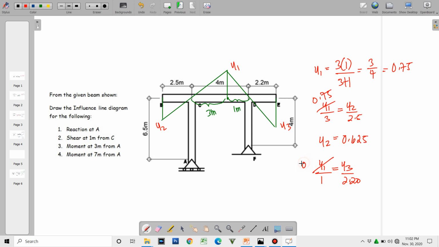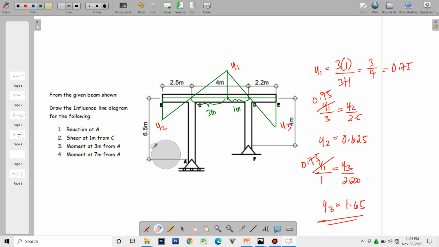So we substitute the value. By cross multiplication, we have y3 equal to 75% of 2.2, which is 1.65. Okay, so we are done with the ordinates and ILD for the third requirement.